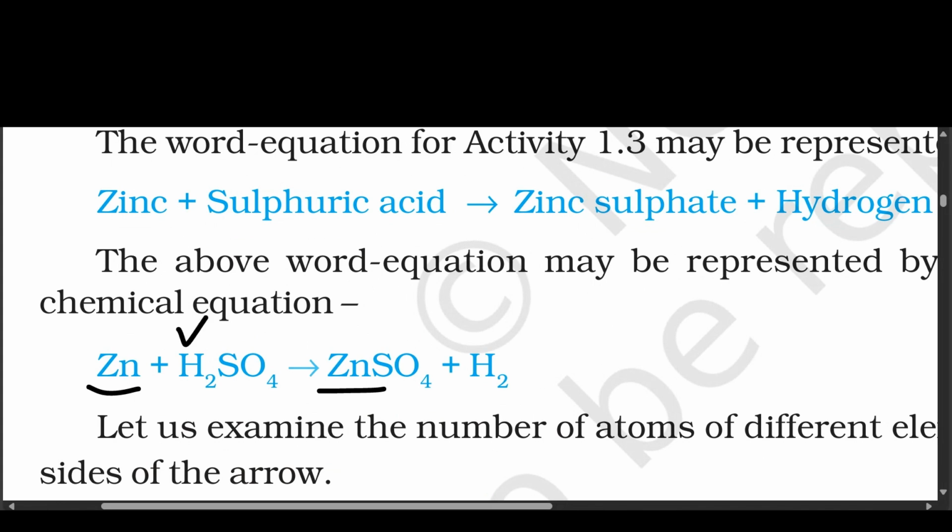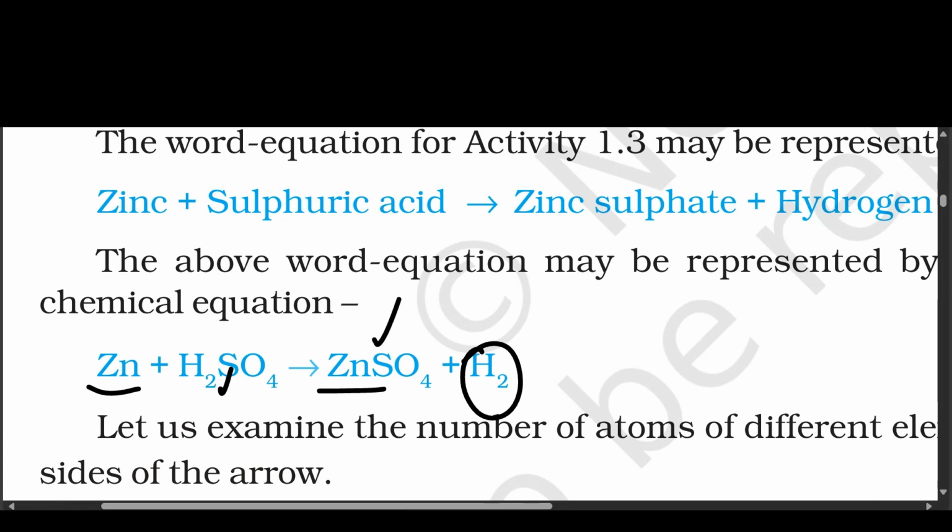Why 2? Because 2 is written at the bottom, so this 2 would be counted. So here also it is written 2, means it is also balanced. Now what about sulfur? Remember, take each and every element as a single element, not together. Don't take sulfate together. Try to break it into the atoms from which it is formed. Now, sulfur is 1.